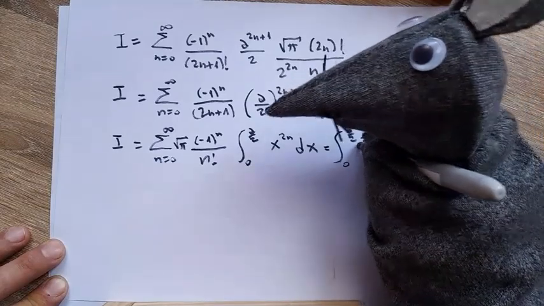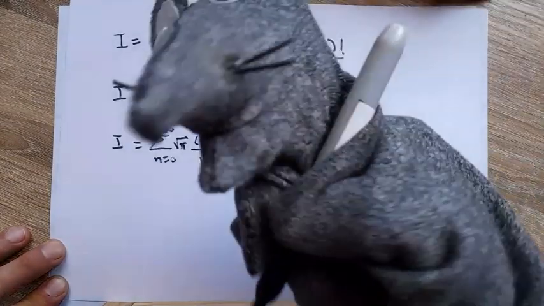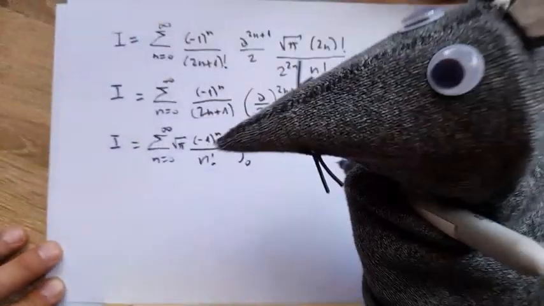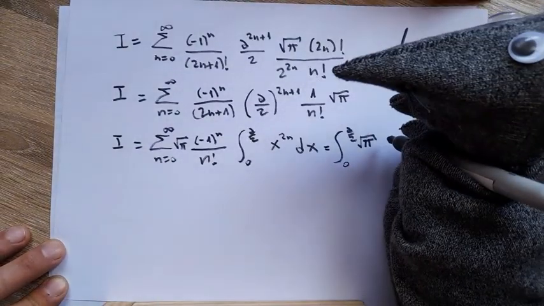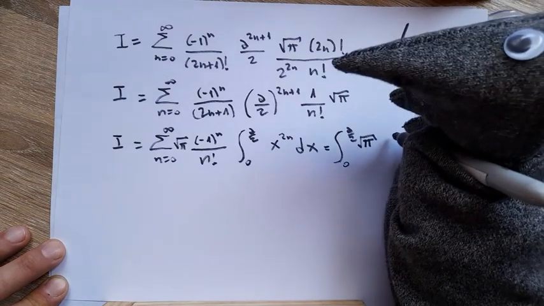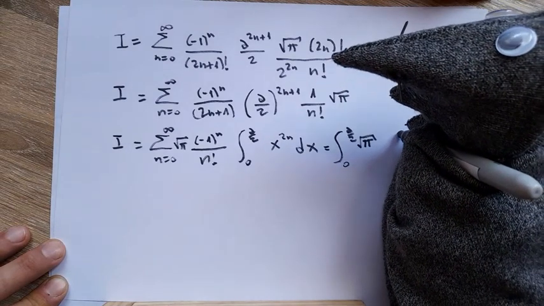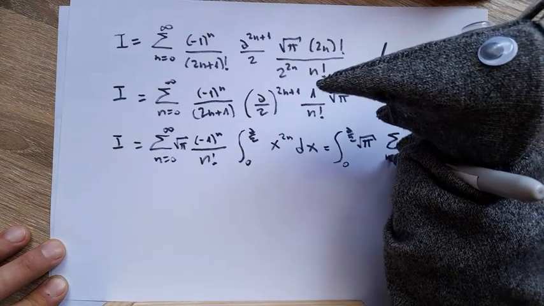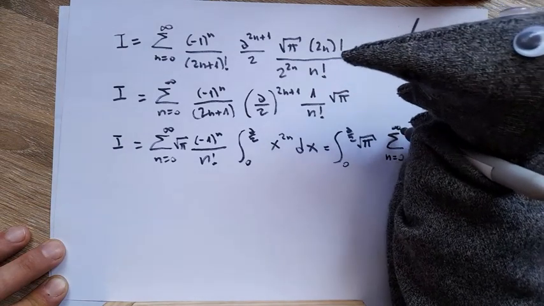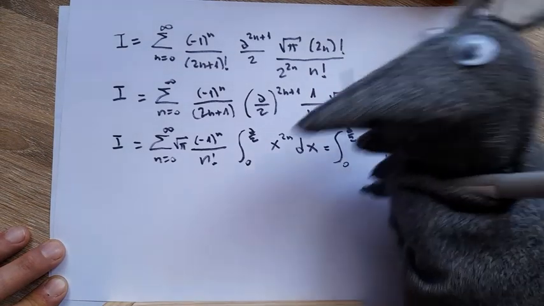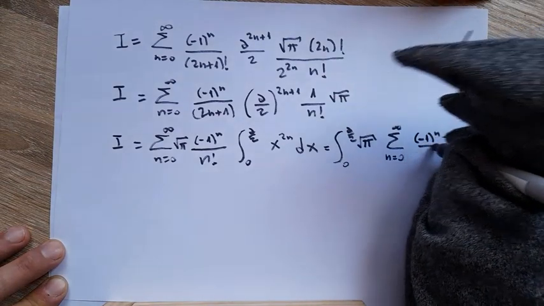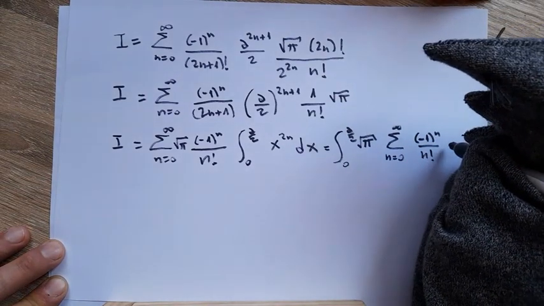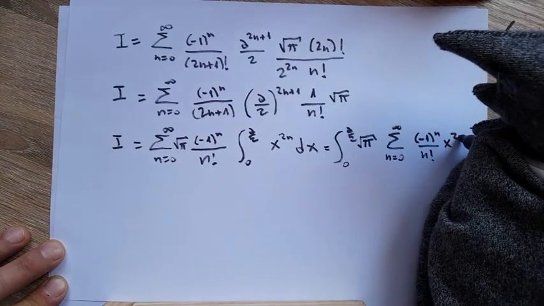Square root of pi. And here we have the sum from n equals 0 to infinity of minus 1 to the n over n factorial times x to the 2n.